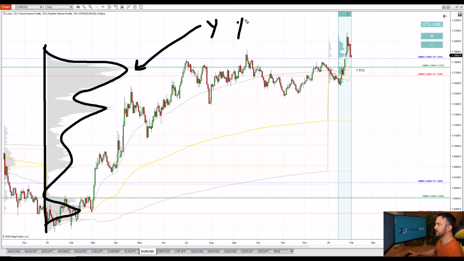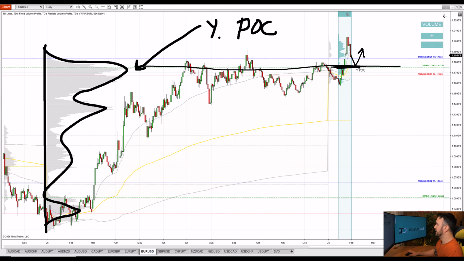This is the yearly point of control, right? And notice where our level is. Right here. This is our long level. See? At the yearly point of control, which increases the strength of that level and also increases the chance that there'll be a successful reaction.